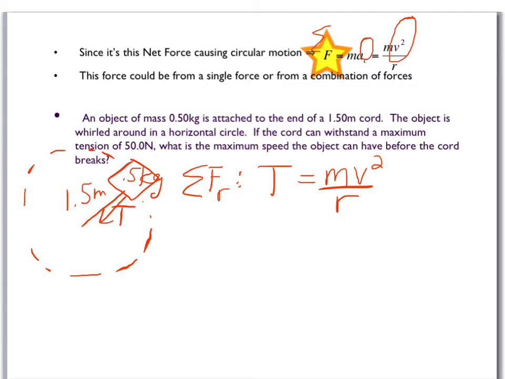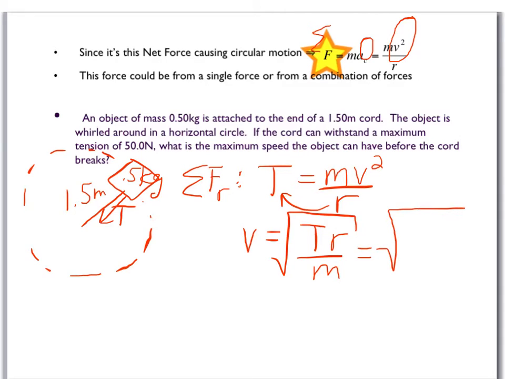Solving for the velocity that this thing could move at, we would want to multiply the r over to the other side, and of course divide by m, and then take that square root. If you want to plug these values into your calculator and check your own work, you can pause the video and do that. We know that the maximum tension it can withstand is 50 newtons.